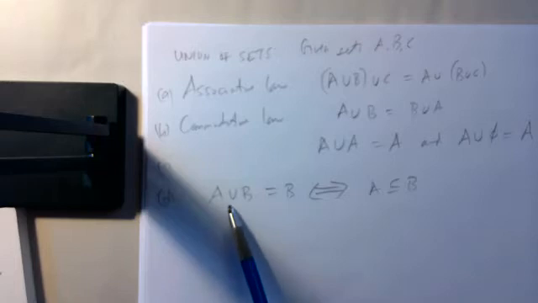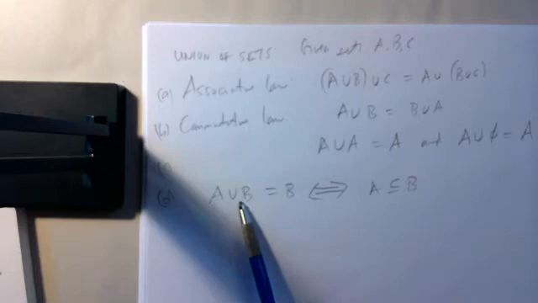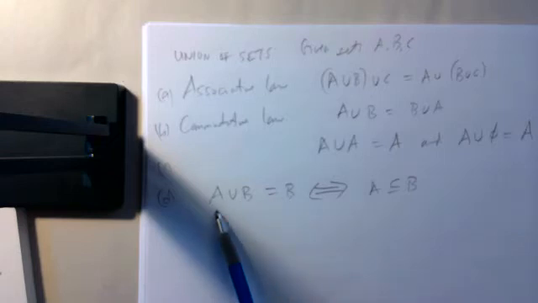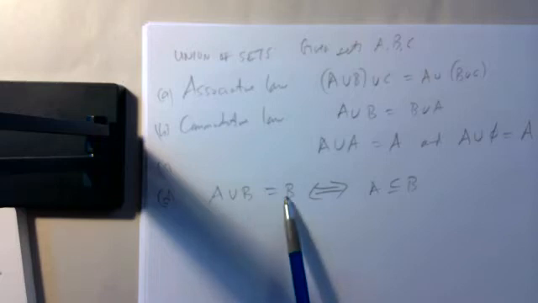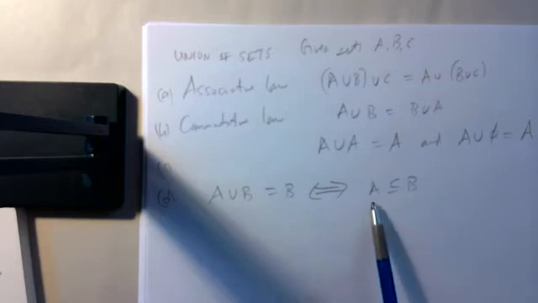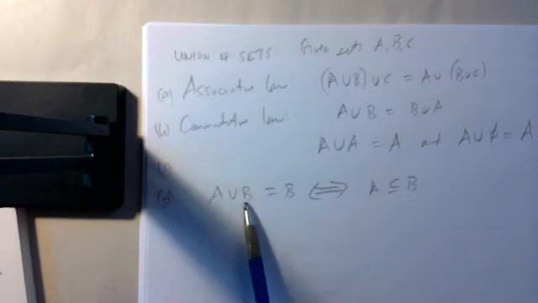If something is in A union B, it's in either A or B. But that's just B. So if you take an element of A, it's in this, which means it's in B. So every element of A is in B. And conversely, if everything in A is in B, everything in A union B is in B.